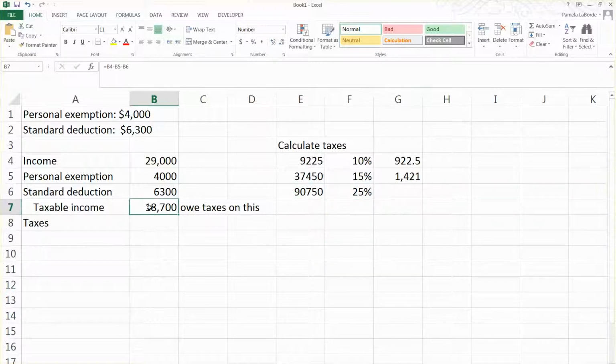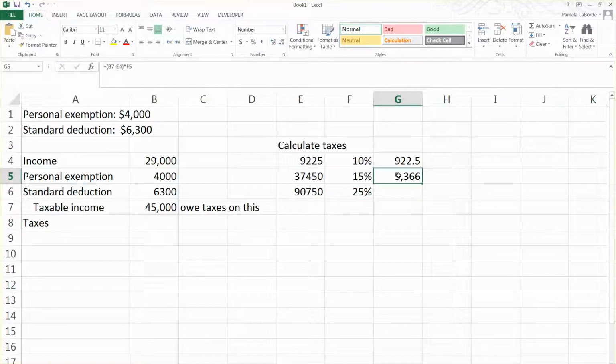So if they had made, again, I'm just going to make this 45,000 just to demonstrate something. If they had made $45,000, then the amount between 9,225 and 37,450 would be taxed at 15% rate, but any amount above 37,450 would be taxed at the 25% rate.